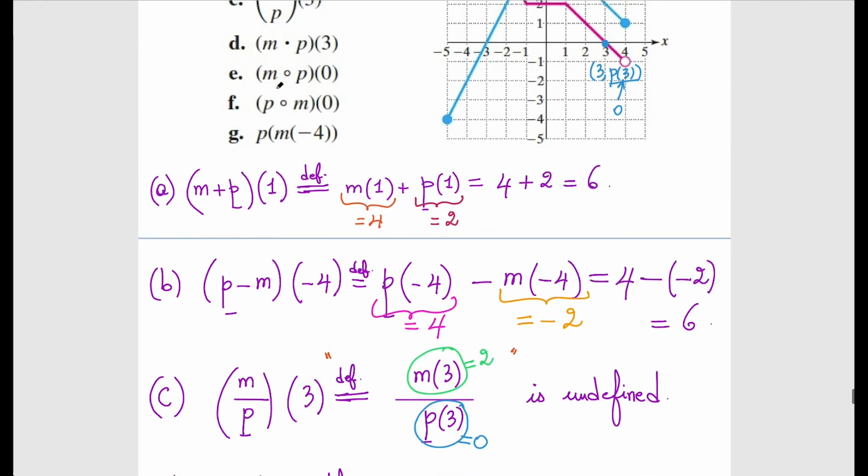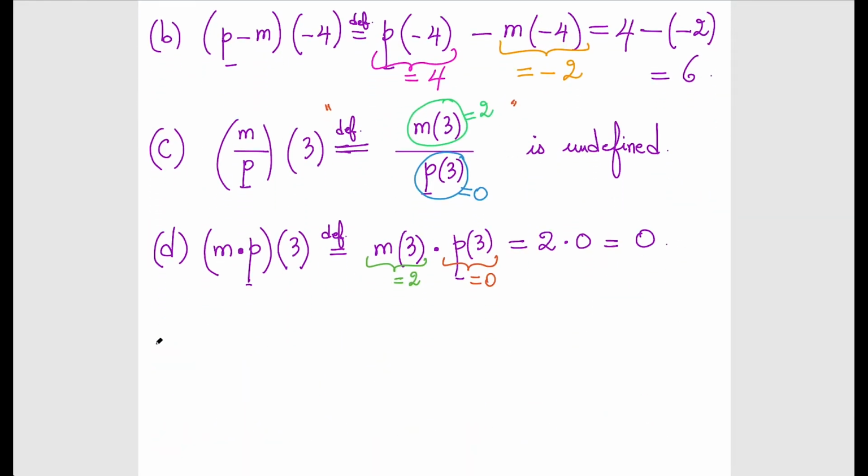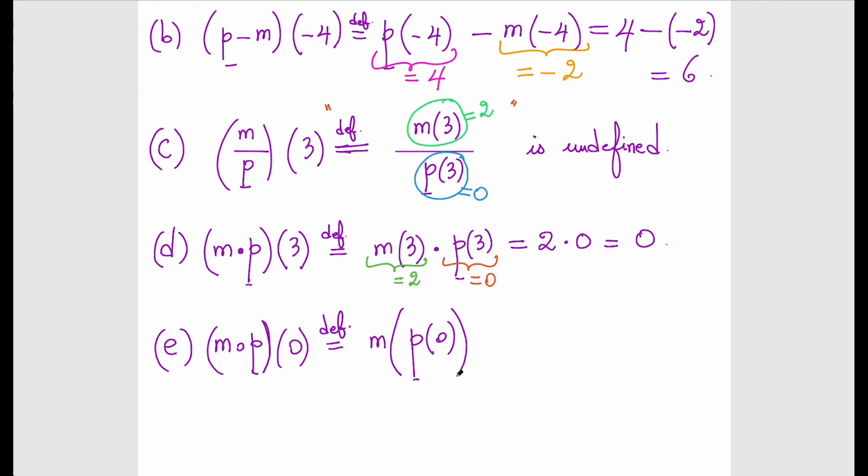Okay, part E, M composed with P acting at 0. The way a composite function operates is the left one waits for the input of the right one at that input, right? In this case, 0. Okay, and what's P of 0? What's P of 0 based on the function?